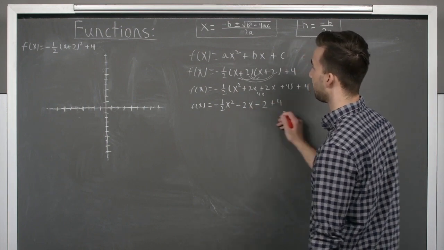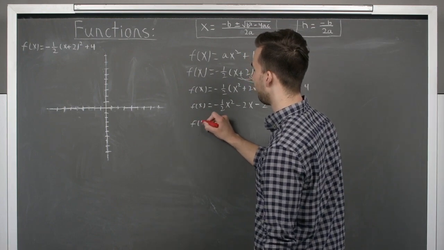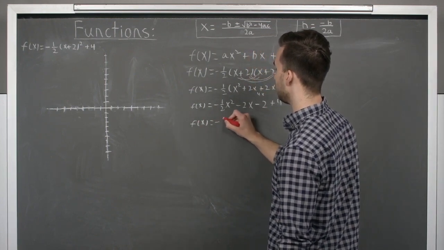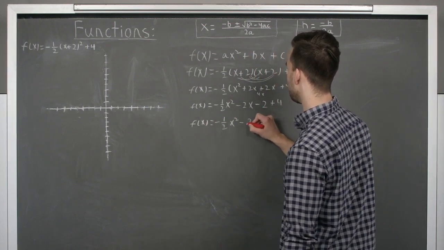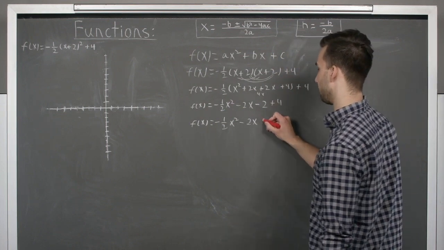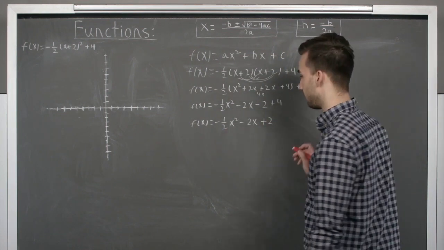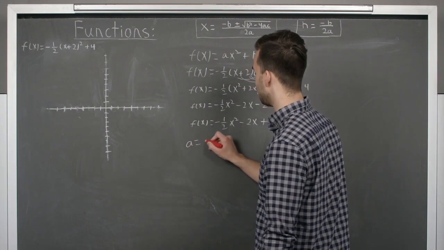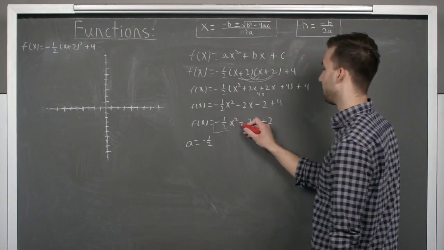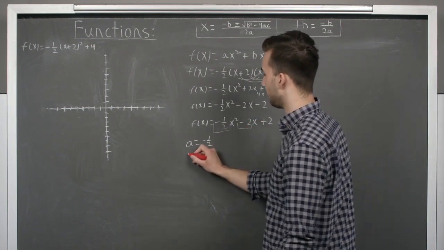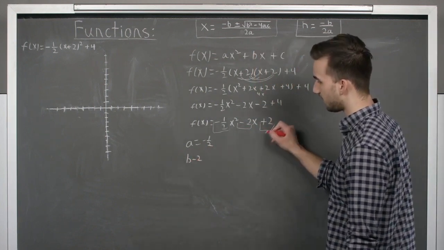So we almost have it in the form ax squared plus bx plus c, but let's just rewrite it: -1/2 x squared minus 2x, and then plus 2. So we can get our three a, b, and c values. a is equal to -1/2, and then our b is equal to -2, and our c is equal to +2.